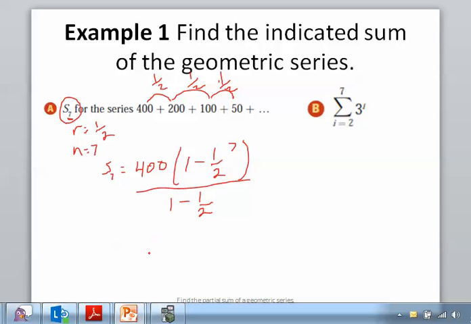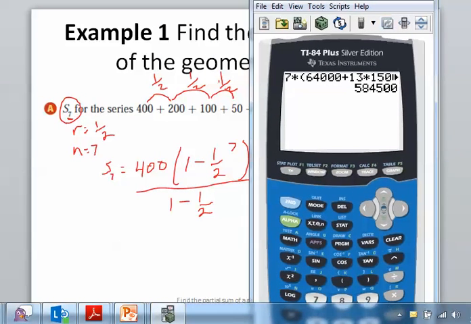Now, calculator time. We're not even going to try to do these in our head, because these are not worth doing in our head.